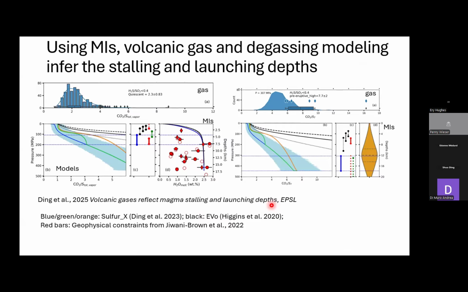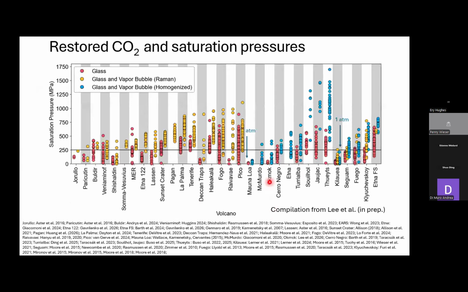All right, so lastly, I would like to leave you with this compilation figure from Daniel, where he shows how the saturation pressure of melt inclusions from different volcanoes has increased by accounting for the vapor bubble, either using Raman, shown in the yellow symbols, or using rehomogenization experiments, shown in the blue symbols.